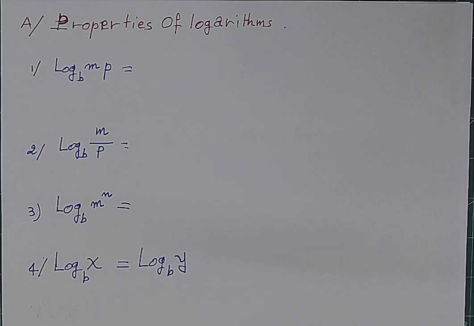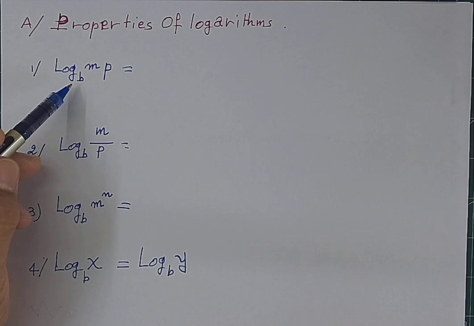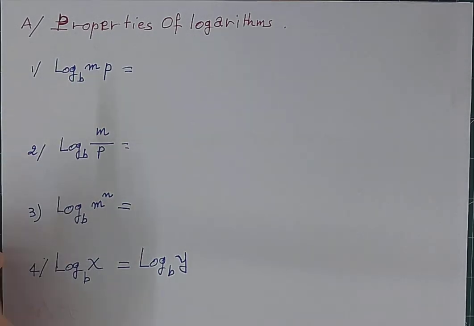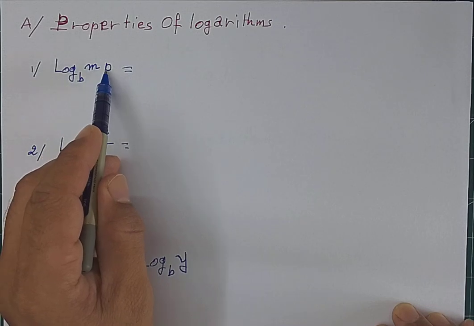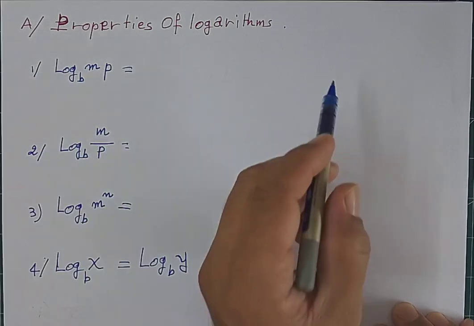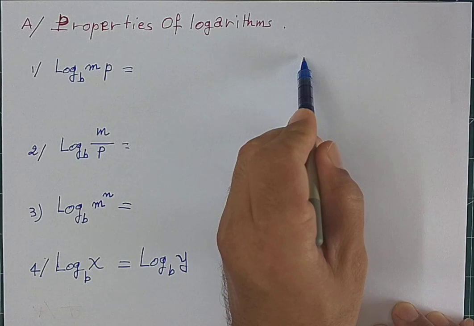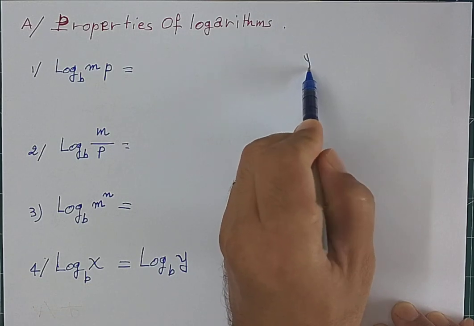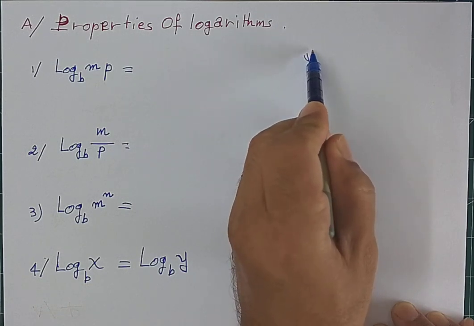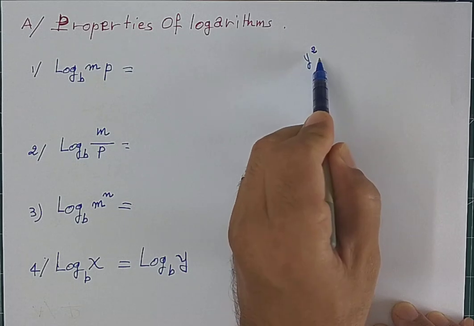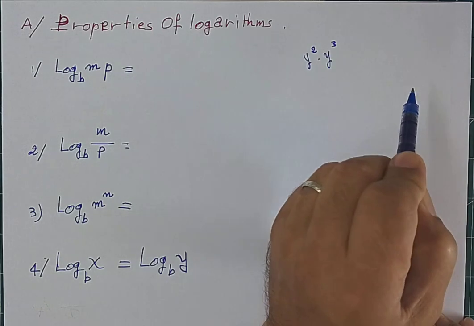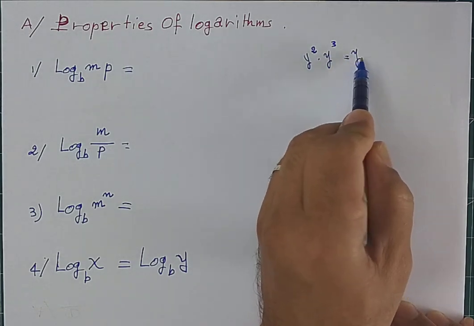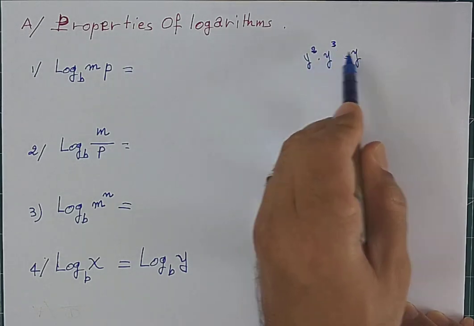We have here log base b of the product of m and p. So remember that if we have y to the power 2, for example, times y to the power 3, equal y, I add 2 plus 3 equal 5.